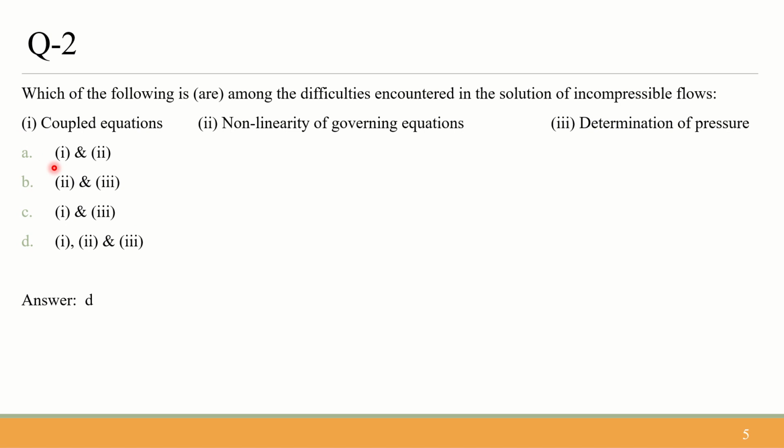Option A is 1 and 2, but the third is left out. Option B has 2 and 3, and the first is left out. In option C we have 1 and 3, where the second is left out. Whereas in option D, all three, 1, 2 and 3, are included. So the correct answer to this problem is option D.